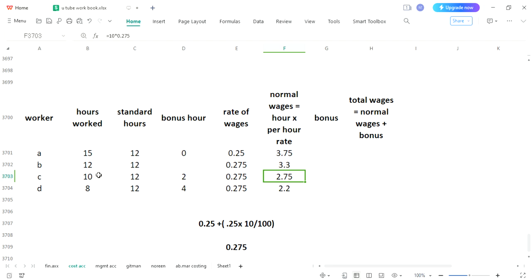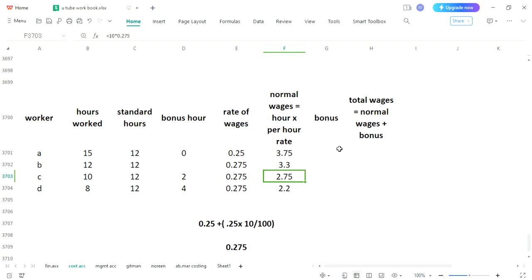So that is why they are receiving less amount. And worker A had to work more hours, even then his rate was less, but the amount accumulated was more. So keep it in mind, they have worked less number of hours. That is why their wage is coming less.